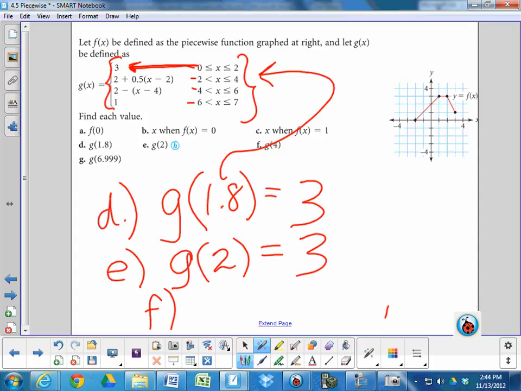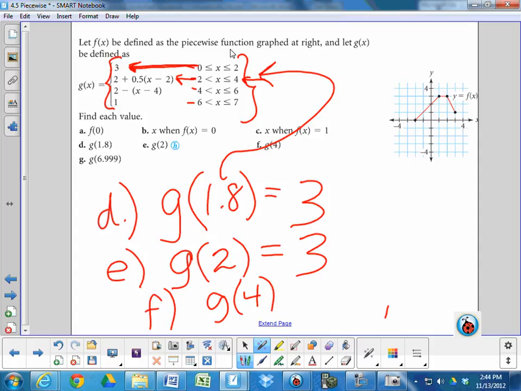F. Here's where it gets interesting. For F, you've been in the garage for 4 hours. G of 4. If you've been in the garage for 4 hours, which domain are you in? A, B, C, or D? B, this one. So you apply this consequence, but it's not as easy as just saying 3.